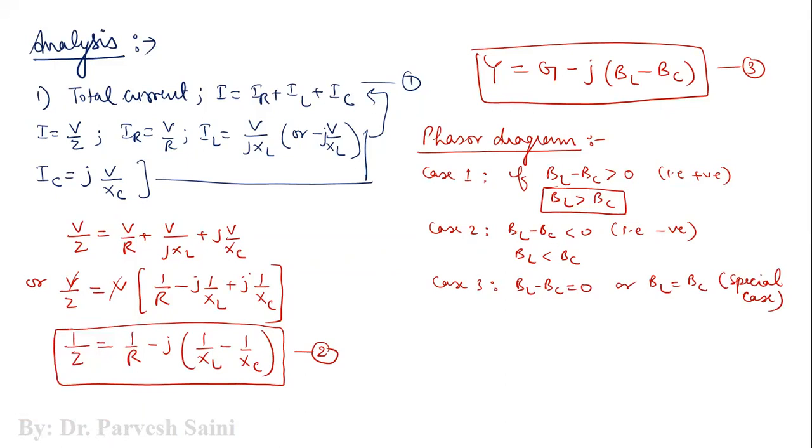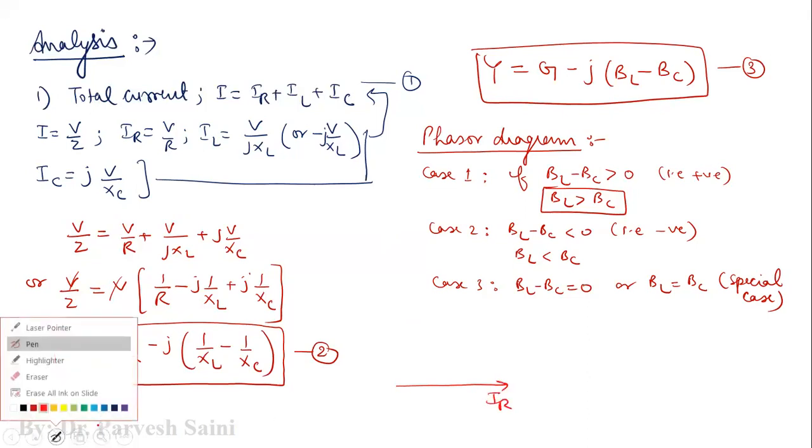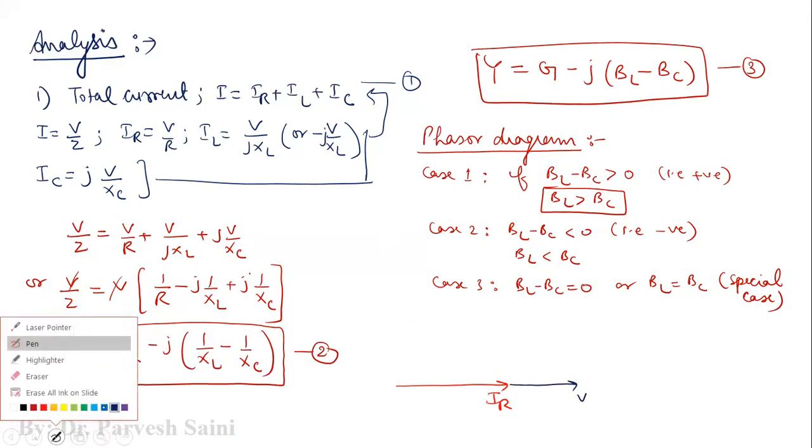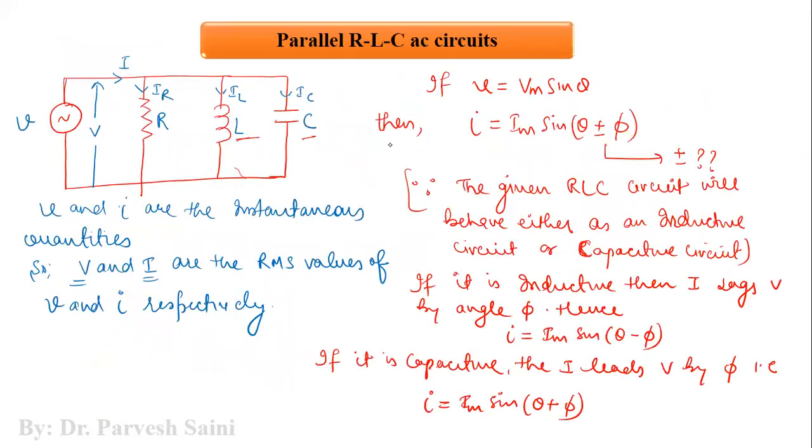So the phasor diagram can be drawn in all the cases. The first is BL minus BC positive. First of all, we'll take the current phasor IR, and then we will take the voltage phasor, let us say V. In the resistance, if we draw the phasor diagram, the voltage V and the current IR are in the same phase.